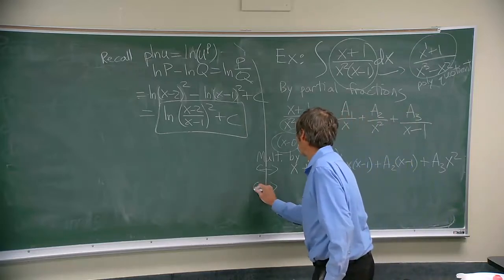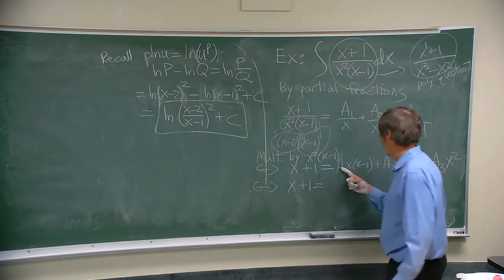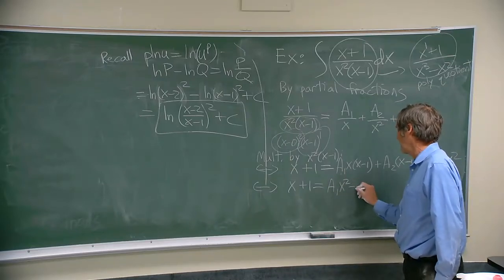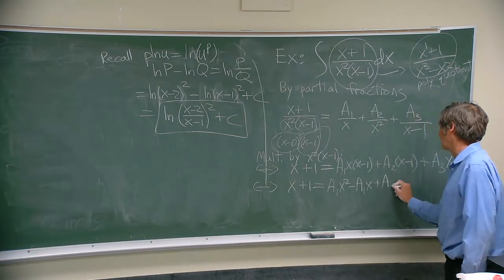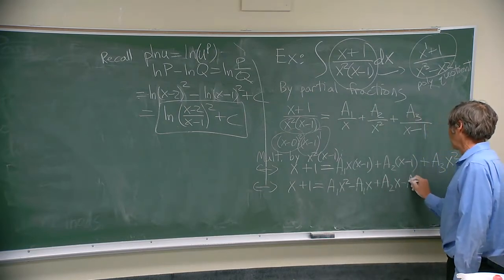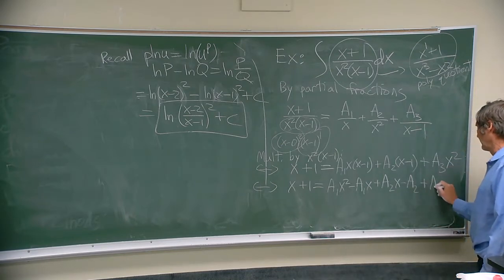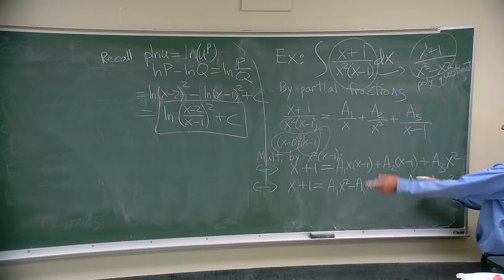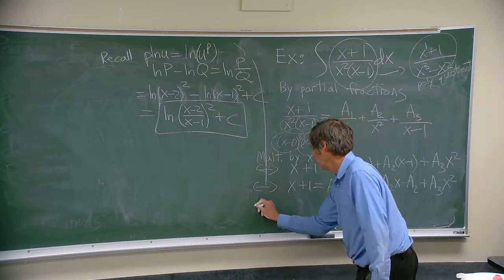Partial fractions says I can have this form, so I multiply through by the denominator, and I see this. Once again, I multiply out and group like terms. Let's write this as x plus 1 equals, multiplying out, a1x squared minus a1x, plus a2x minus a2, and then a3x squared.